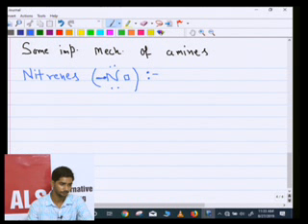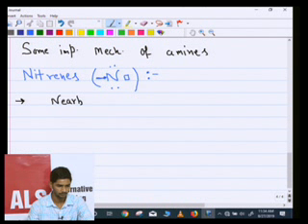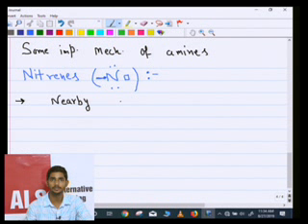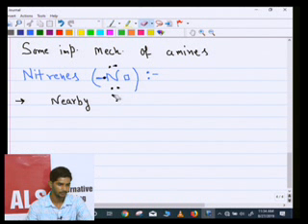First of all, let us understand some basic properties of this nitrene. See, nearby, how many electrons are there? 1, 2, 3, 4, 5. There are 5 electrons. So we can say there are nearby 5 electrons.